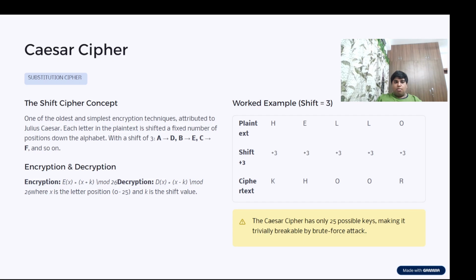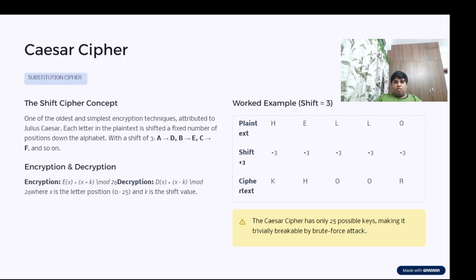Let's talk about one of the earliest substitution ciphers, the Caesar cipher, used during the Roman Empire and attributed to Emperor Julius Caesar. It is one of the oldest ciphering techniques, also known as the shift cipher. In this technique, each letter in the plain text is shifted a fixed number of positions down the alphabet.